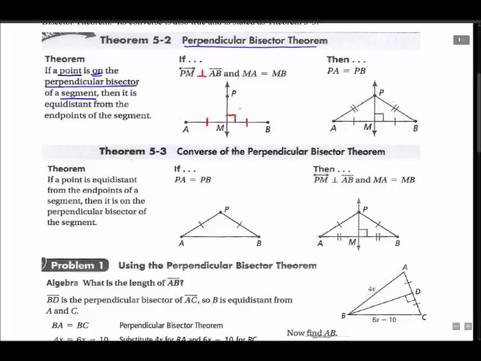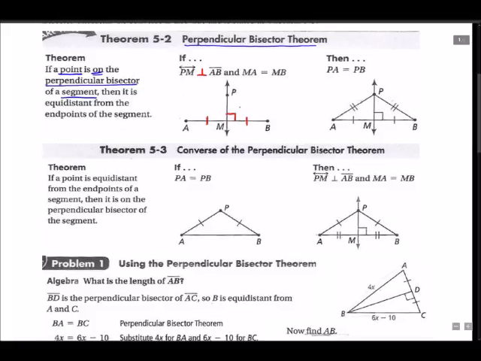So we are given perpendicular and we are given bisect. This is bisect right here. Our lengths are equal. We could also, if we were told that they were congruent, have segment MA congruent to segment MB. Our lengths are equal, which means they are congruent. This tells us bisect. If it's marked, it tells us bisect.